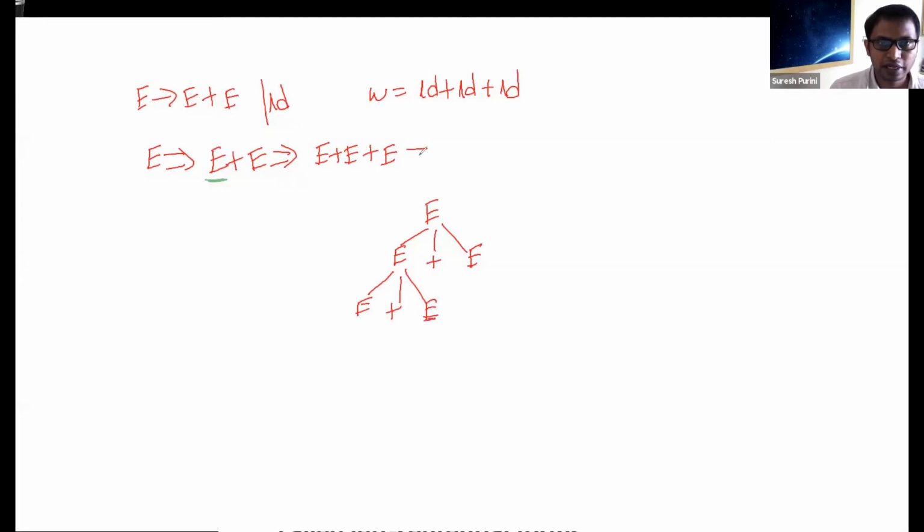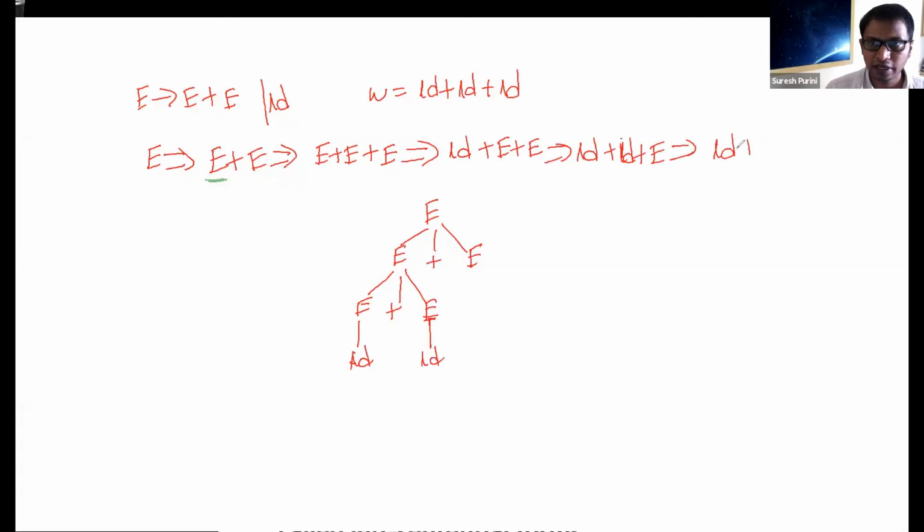Then we go to the next step. In the next step, we replace the first E with ID. And then here we replace the second E with ID. And then finally we have this.